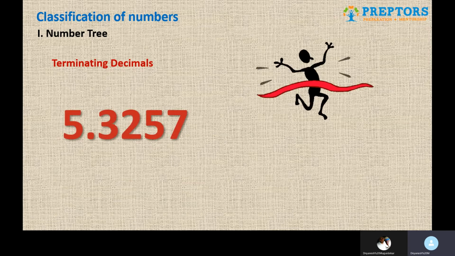So after this 7, there is no value that we are talking about. It just stops here. So we will not have any further value after this. That's the meaning of terminating decimal. These are a few examples: 0.25, 5.125, -23.27, and so on.